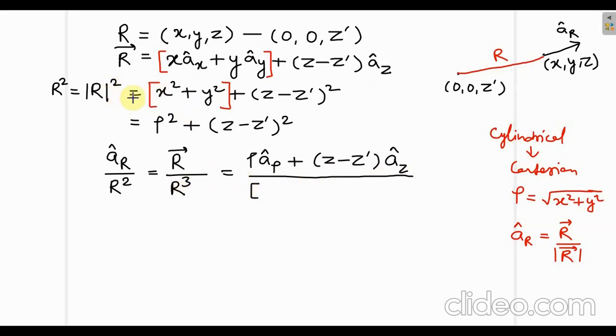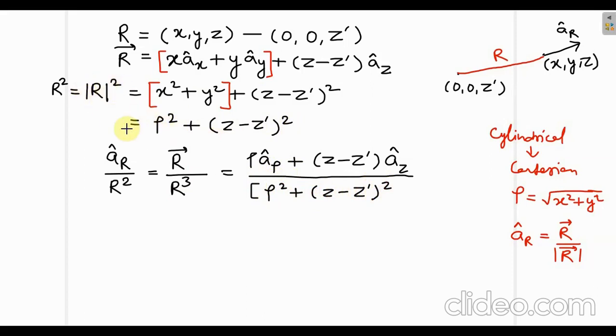So what is this r? R is rho square plus z minus z dash square, but that is the value of r square.